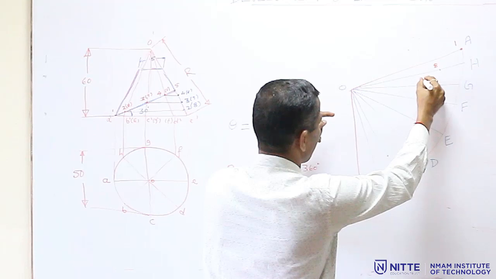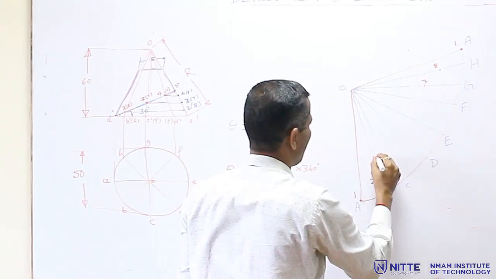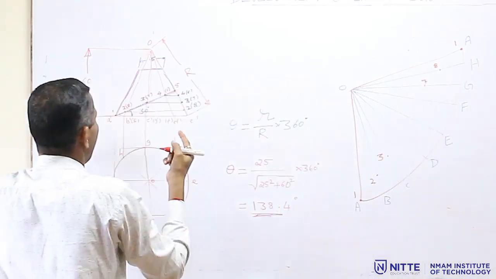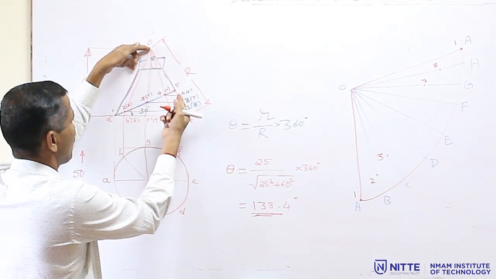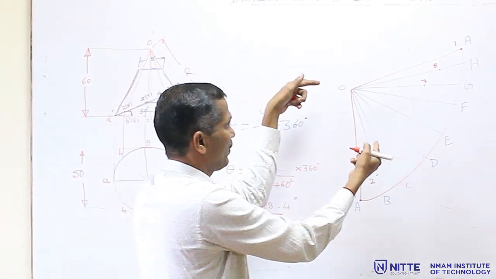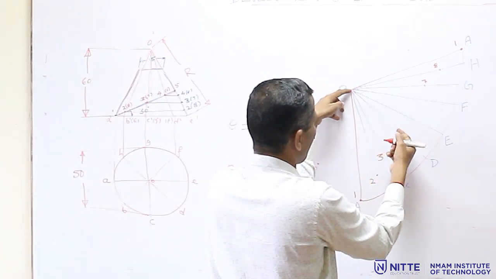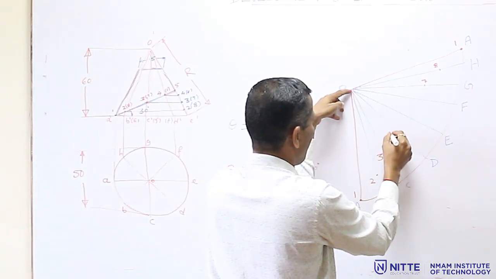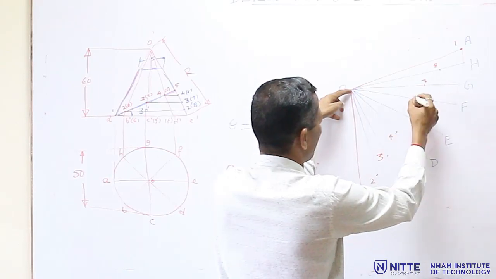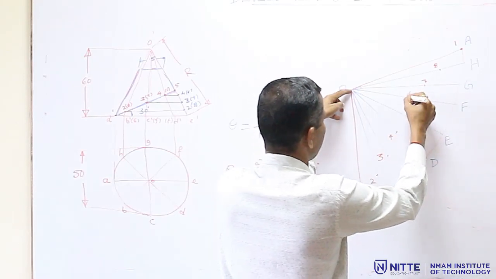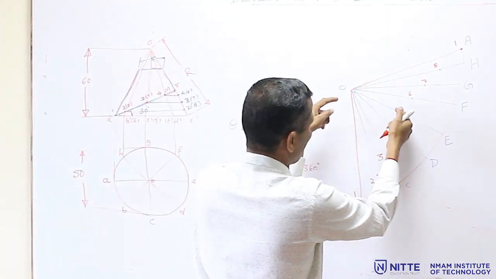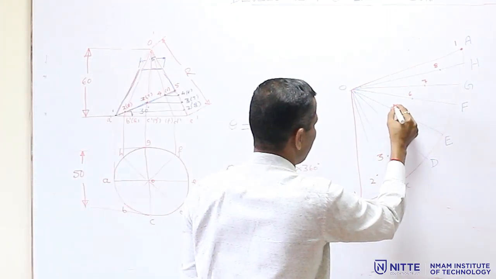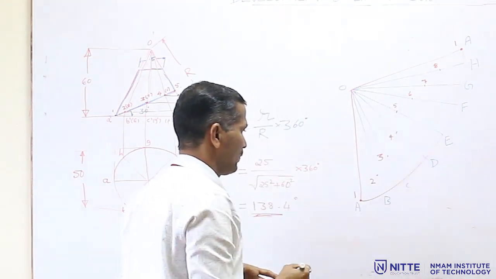So, this becomes the point number 7, this becomes the point number 3, and measure this distance O to 4 or O to 6, keep it on DO, this is the point 4, and on FO it is the point number 6. Now, you measure this O to 5 and keep it on EO like this. This is the point number 5.